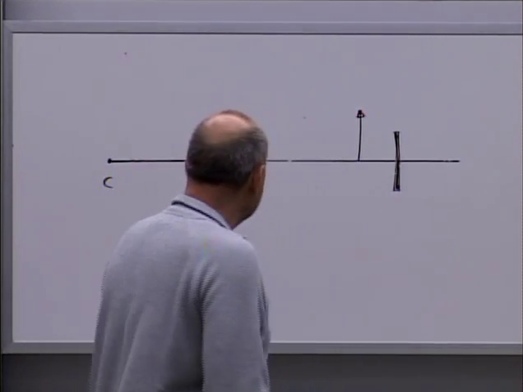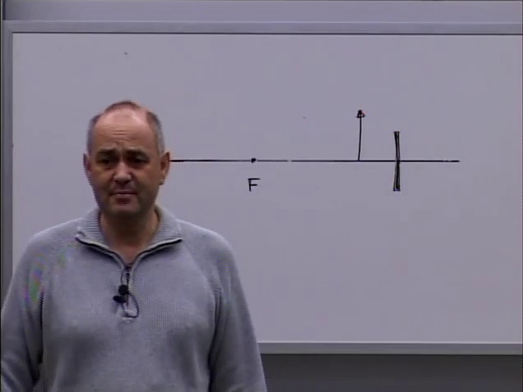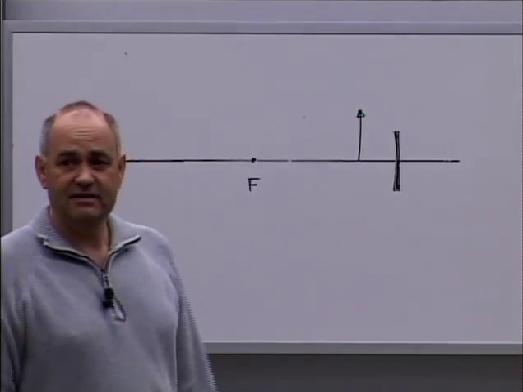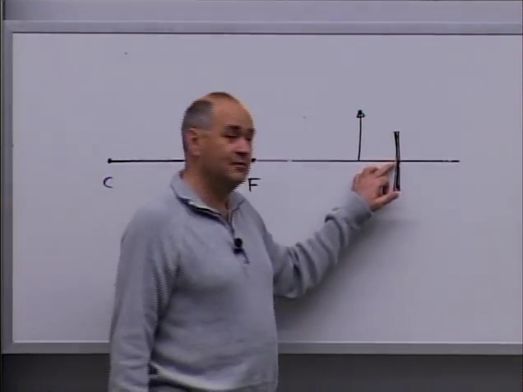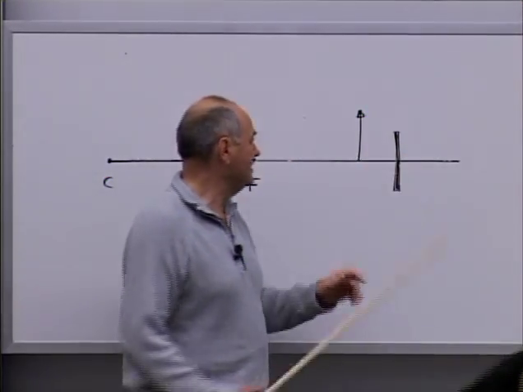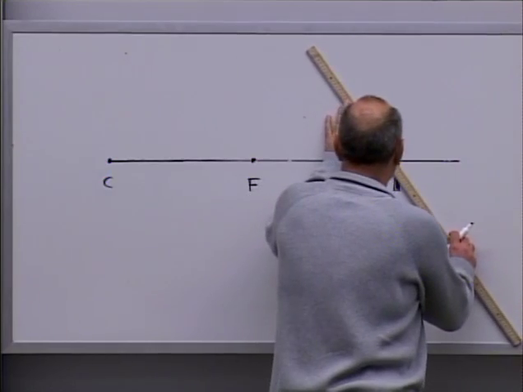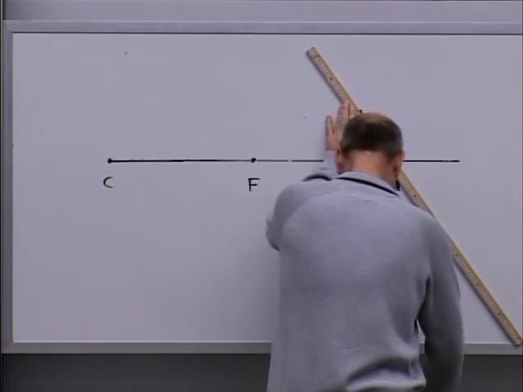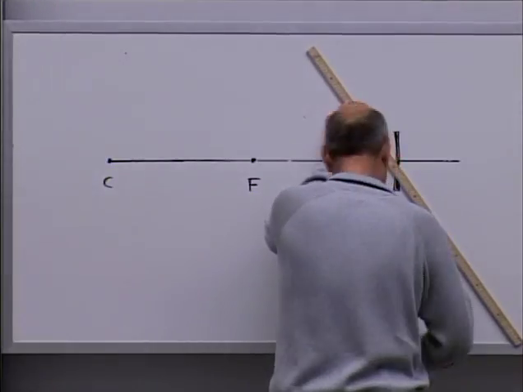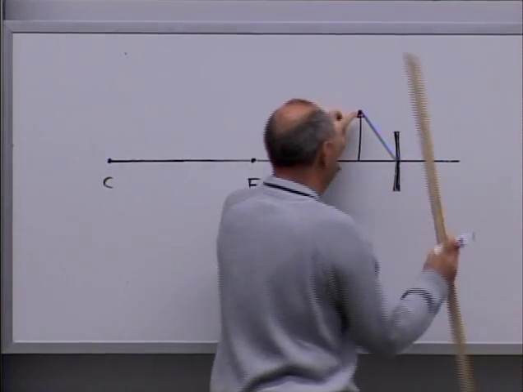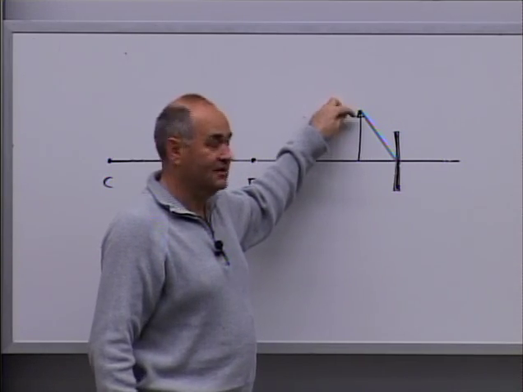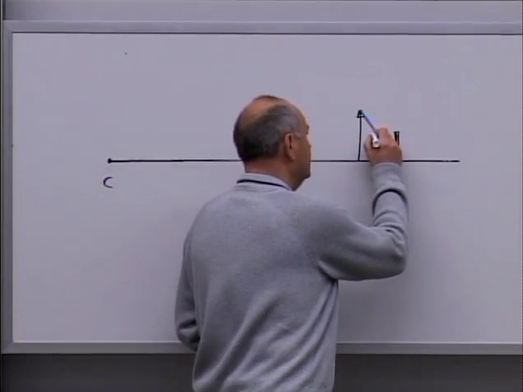I saw that most of you actually were able to trace the chief ray properly. Chief ray is relatively simple to trace. And so here we have the point where the principal axis crosses the mirror. So how about if we do it in color? So light coming out from this point, traveling toward the mirror.